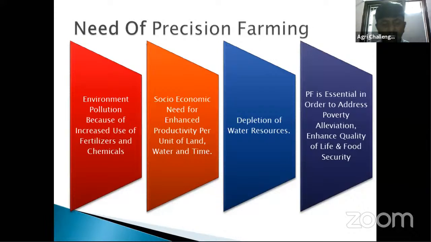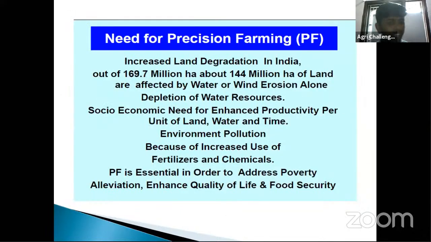Soil acidity and salinity are increasing day by day. Based on some estimates, around 169.7 million hectares of land is already degraded, and 144 million hectares are affected by water and wind erosion. Then there is depletion of water resources.